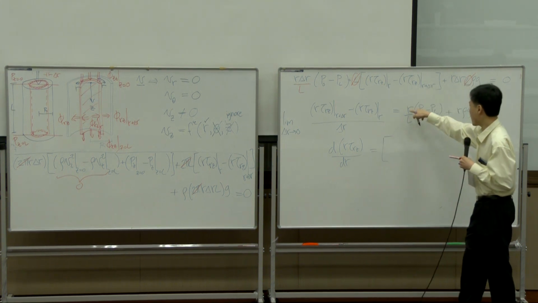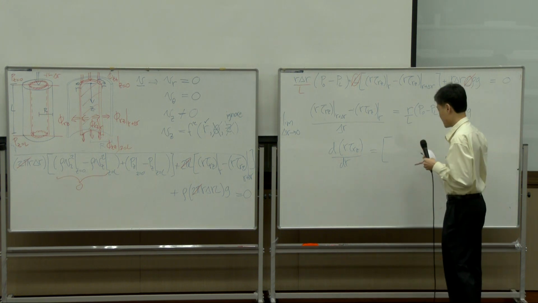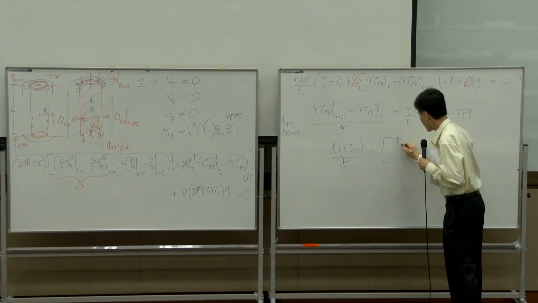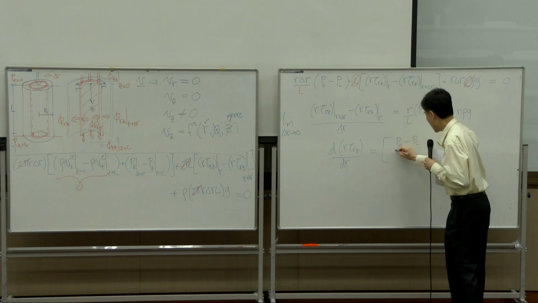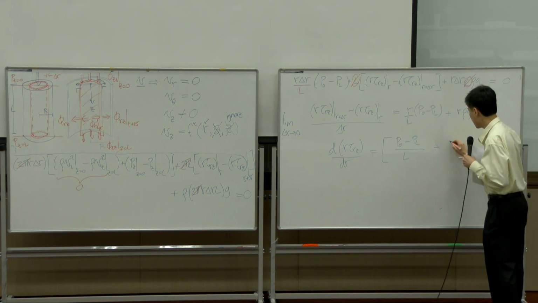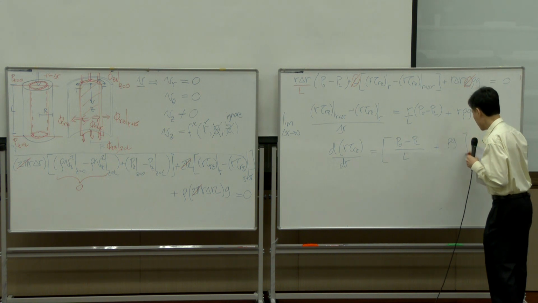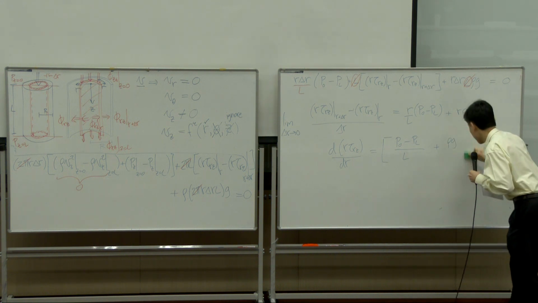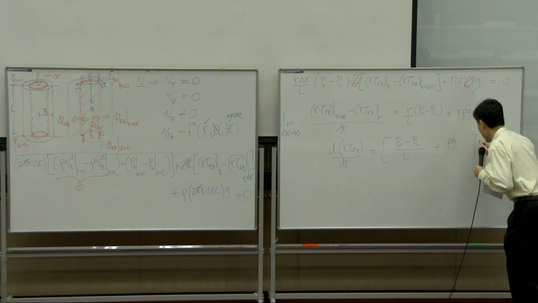I am going to bring R out. So I have pressure 0 subtracted by pressure L over L plus rho G times R.